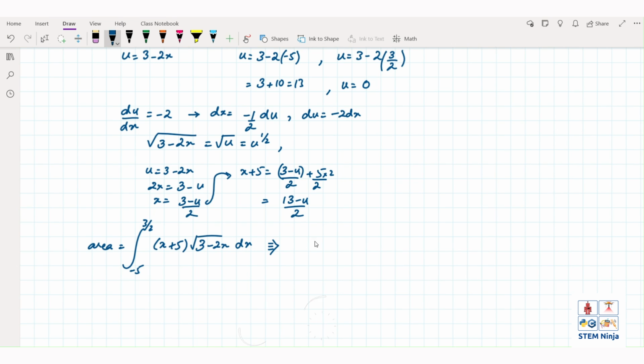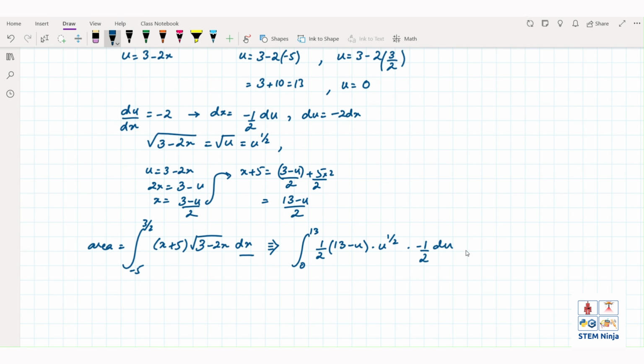When we convert it, the limits become 13 and 0, so from 0 to 13. x plus 5 becomes (13 minus u) over 2, so 1 over 2 times (13 minus u). Root 3 minus 2x is root u. And dx we found to be minus 1 over 2 du.